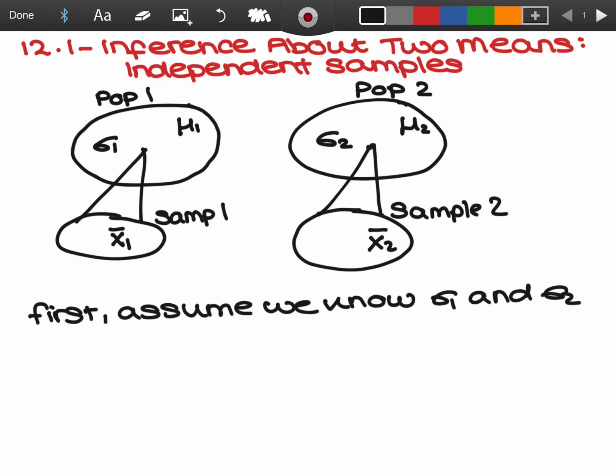Now if you remember back to chapter 11, if we knew what the population standard deviations were, we used a z-test. If we didn't know the population standard deviations, it meant we had to use our sample standard deviations, which meant we had to use a t-test. But in this case, because we know our population standard deviations, it is going to be some kind of z-test. So keep that in mind as we go through this.